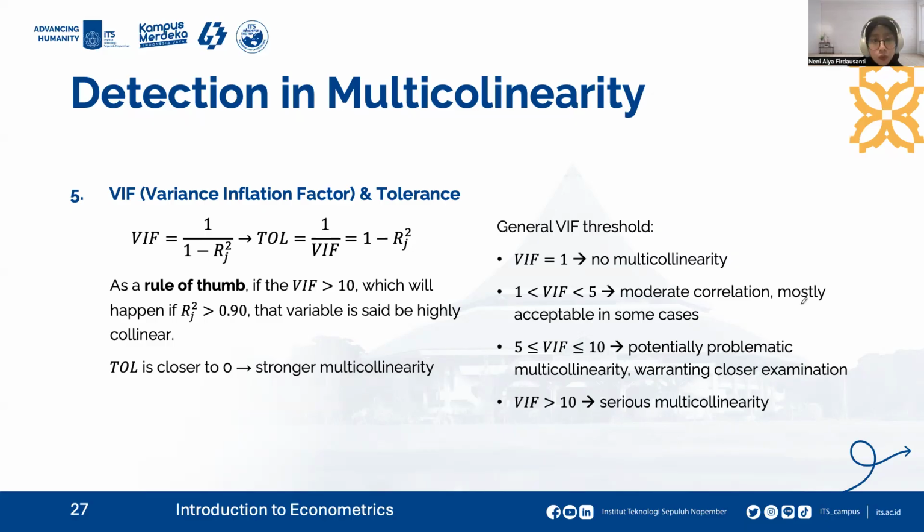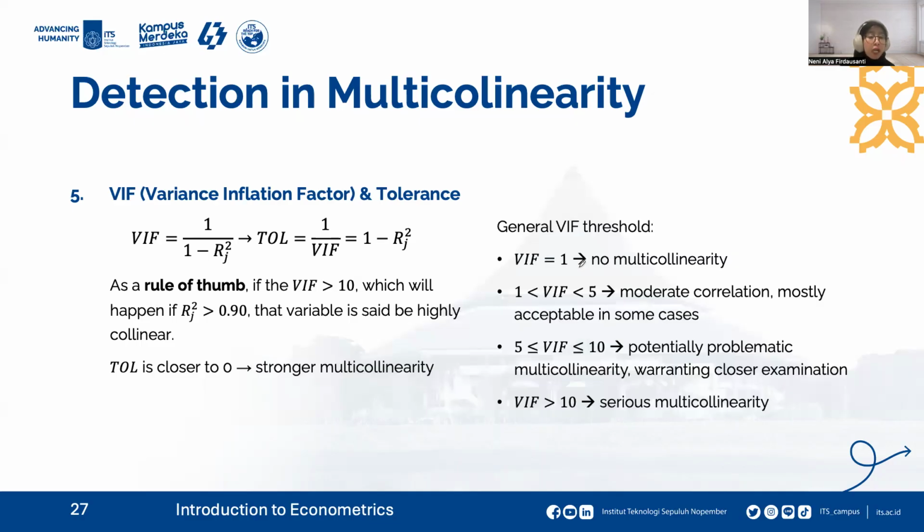So if VIF equals 1, there's no multicollinearity. If the VIF is between 1 and 5, we have moderate correlation, but it is still acceptable in some cases. But if your VIF value is between 5 and 10, it is a potential problem, and you need to take a closer look at whether it will disrupt your interpretation or not.